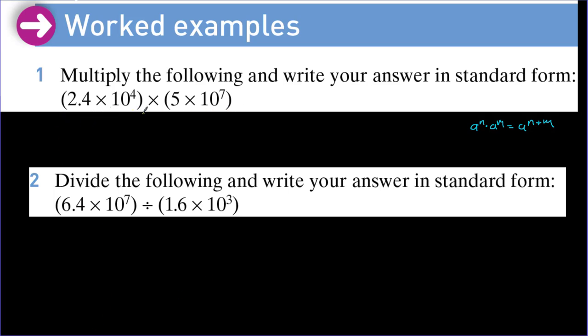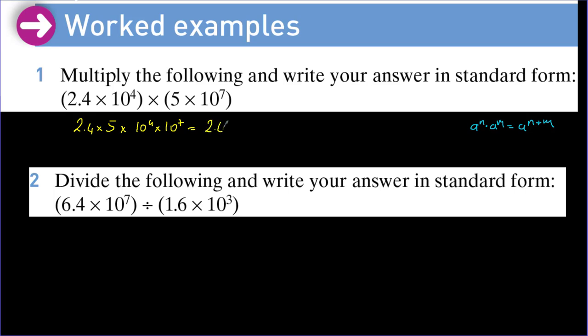When multiplying these two, we combine them, like 2.4 times 5 times 10 to the power of 4 times 10 to the power of 7. I especially use the cross so as not to confuse you with the decimal point.